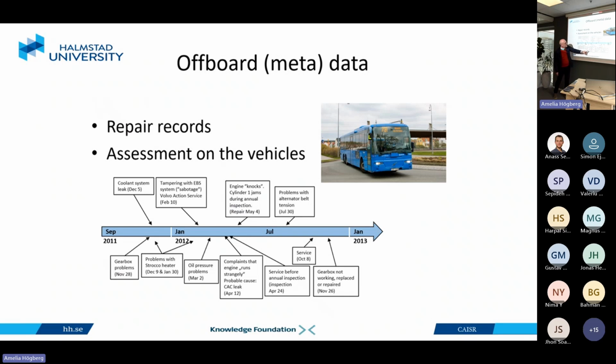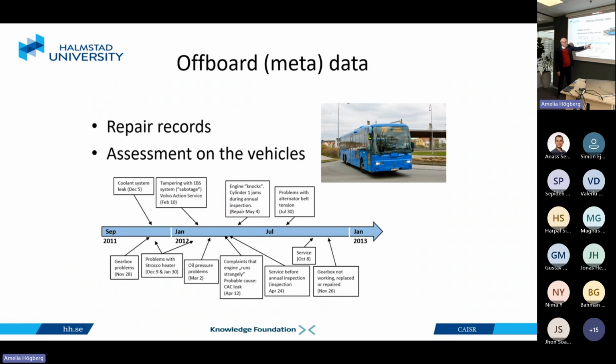Then there were some complaints that the engine runs strangely. Okay, not expected from a Volvo bus. But they looked through it and said, okay, it's probably the charged air cooler. So we fixed it, and now it's fine. This was in April 2012.